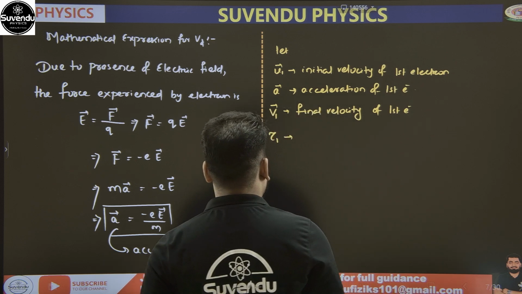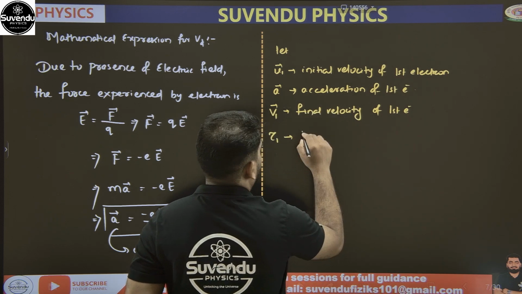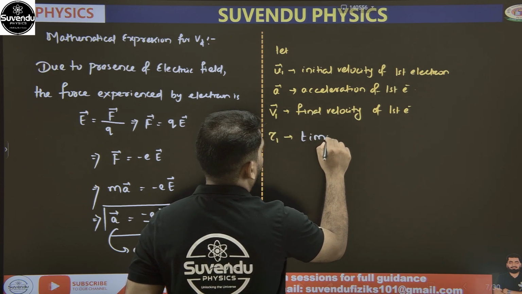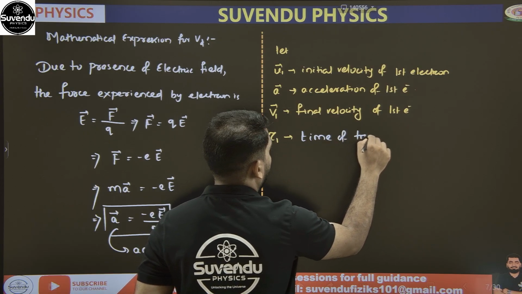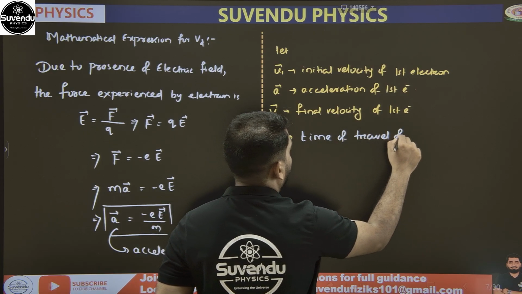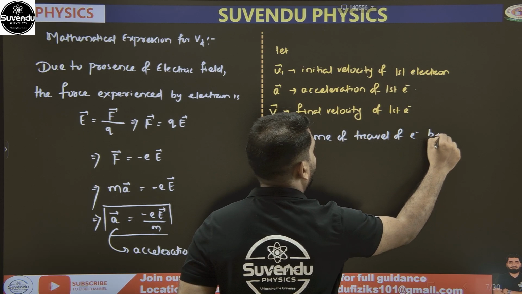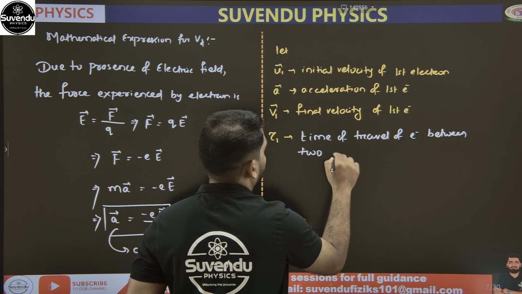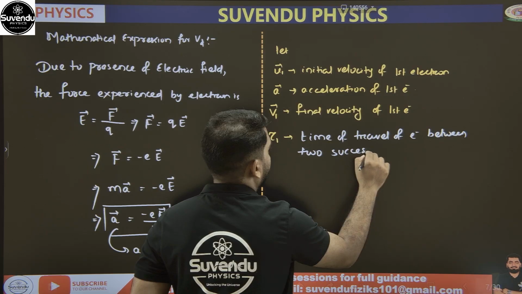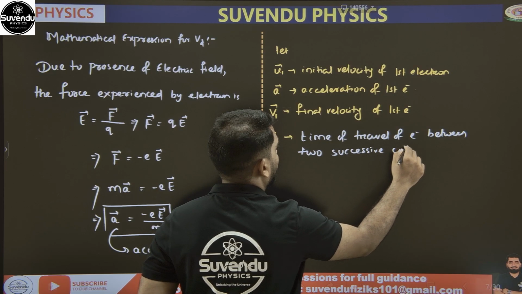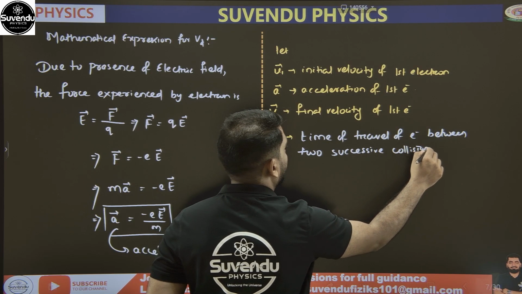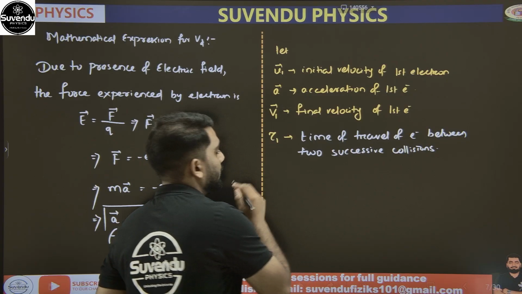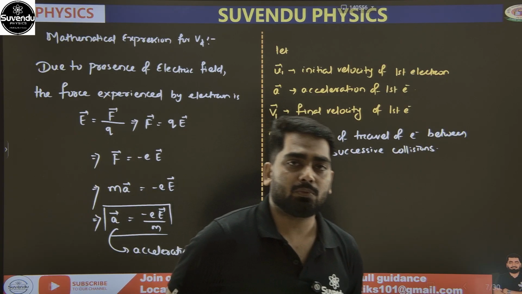So, the time of travel of the electron between two successive collisions. As acceleration is constant, we can use the equation of motion.